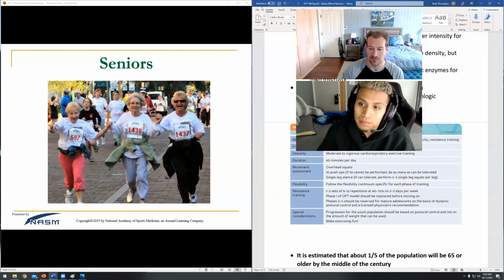That's crazy. Because of that, there's going to be a lot of people who are retired, and their physical activity in adulthood, in their youth, in whatever past part of their life, is going to determine how easy the rest of their life is. 65 is not the goal.